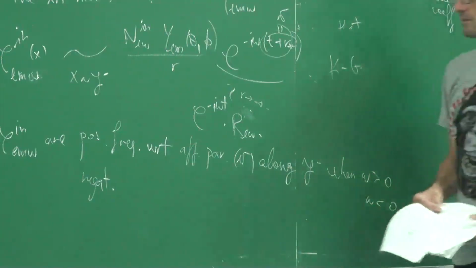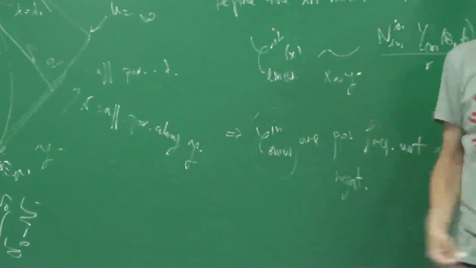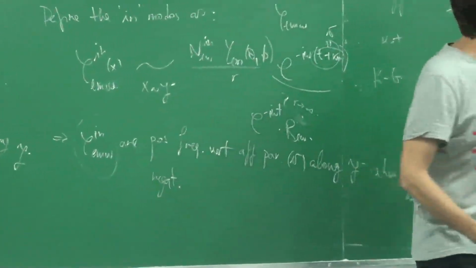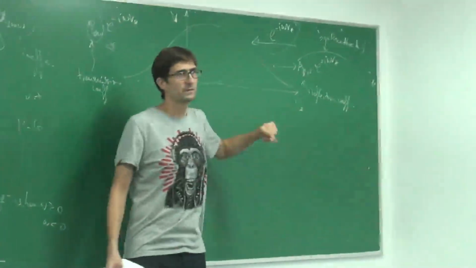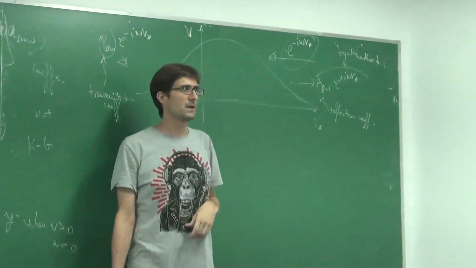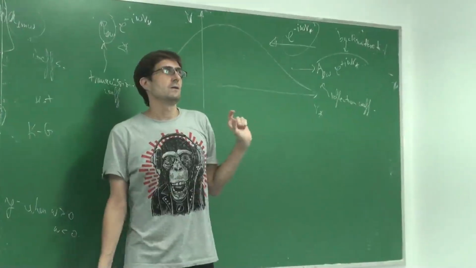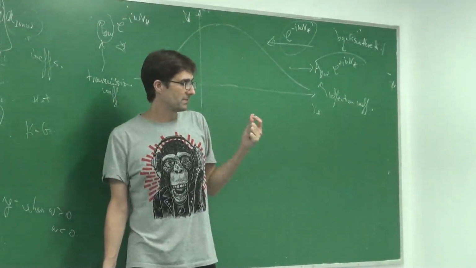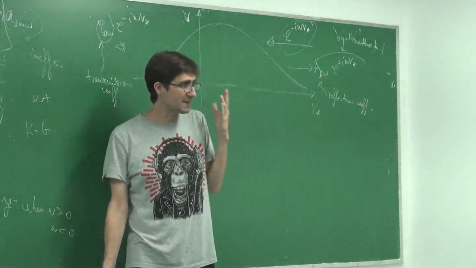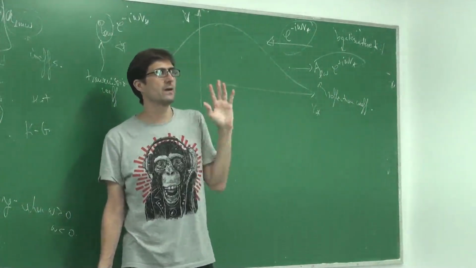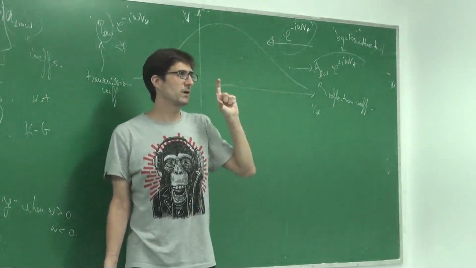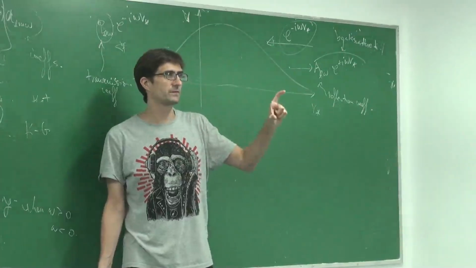You can still define phi in in this way, to be given by this, even when omega is complex. So this is a boundary condition. This is a well-defined boundary condition for omega complex when imaginary omega is positive.